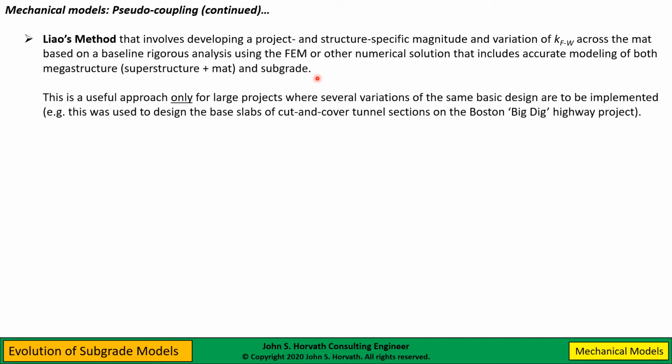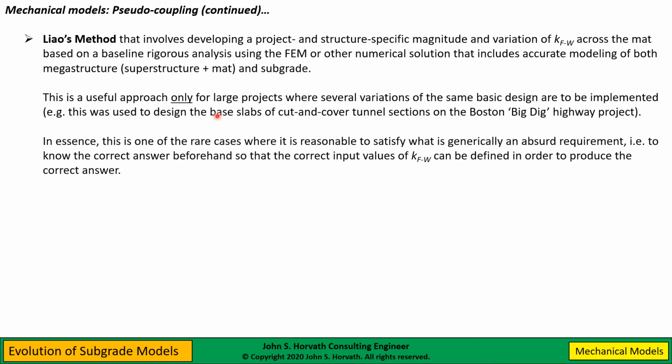In Lau's case, this was used on the Boston Big Dig highway project some 20 plus years ago, where they were building many cut and cover tunnels. They had the same basic geometry, so they came up with a way of estimating how the springs, if you will, beneath the tunnel would vary, and just replicated that for different sections of the tunnel.